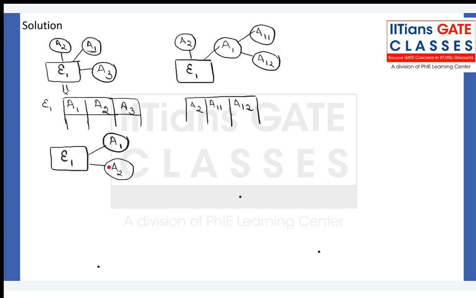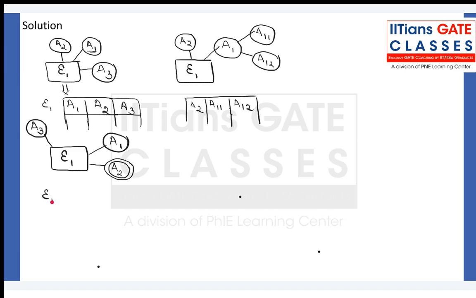Now things get a bit complicated, but don't worry. It's still very simple. So let's add another attribute, I will call it A3. So I will have a table E1, and let's say A1 is the key attribute.